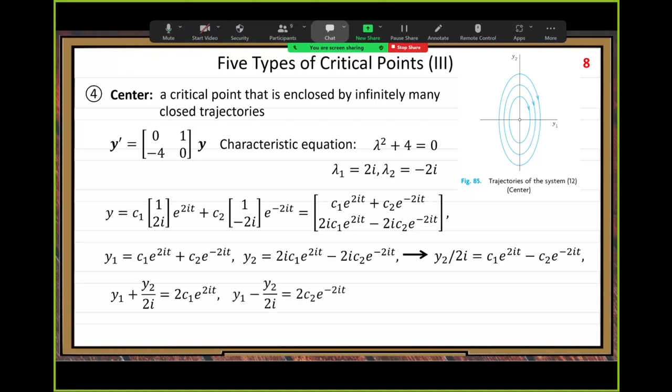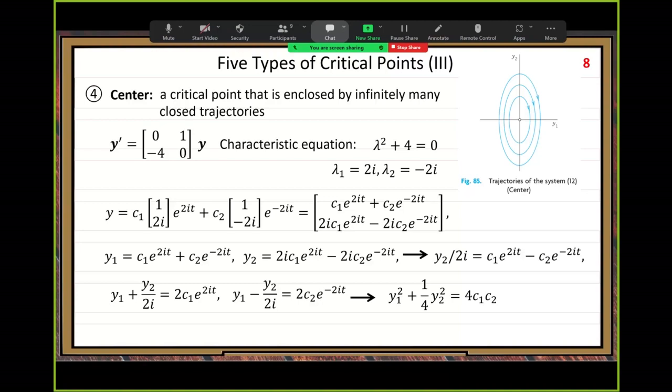For y1 minus y2 over 2i, the first term cancels out and we double the second term. Then let's multiply these two equations, left-hand side times left-hand side and right-hand side times right-hand side, and see what we get. y1 squared plus 1/4 times y2 squared equals a constant, 4 times C1 C2.